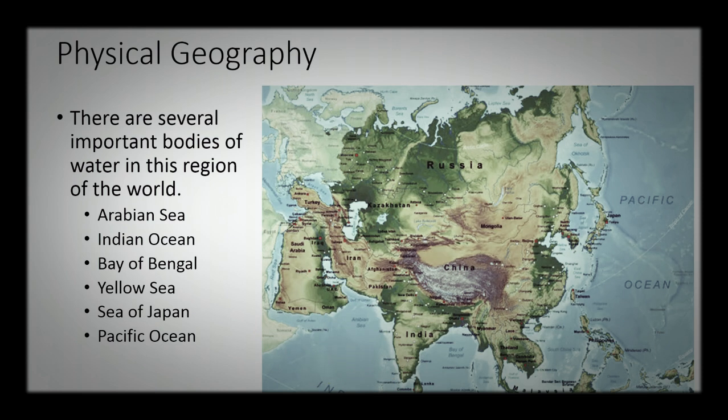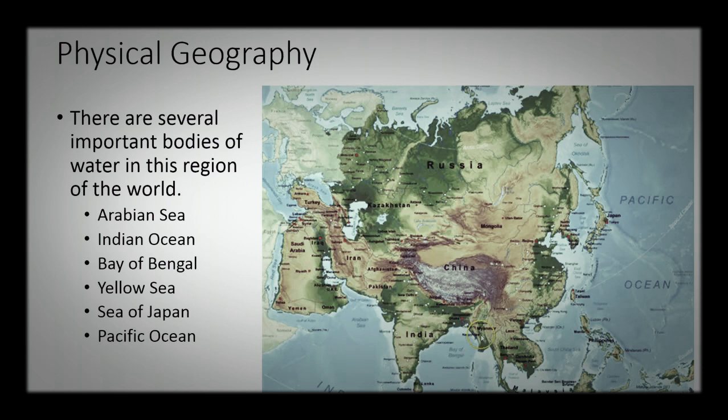It is an ocean. We also have the Bay of Bengal, which borders Bangladesh, India, and other peninsula countries. All right, so we have three important bodies of water around the Indian subcontinent: the Arabian Sea, the Indian Ocean, and the Bay of Bengal.